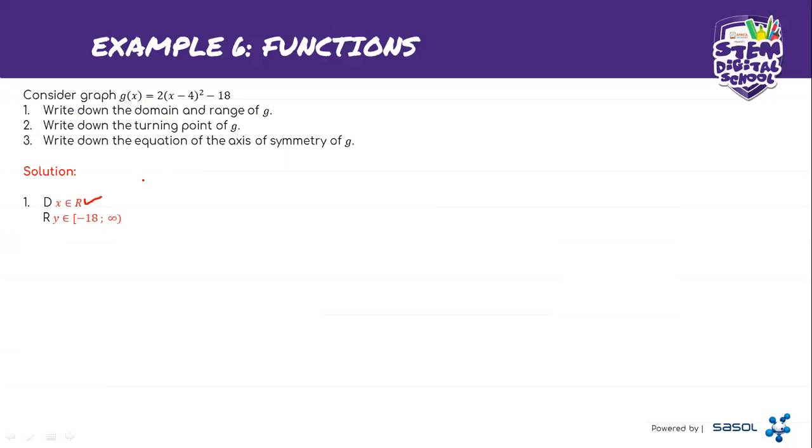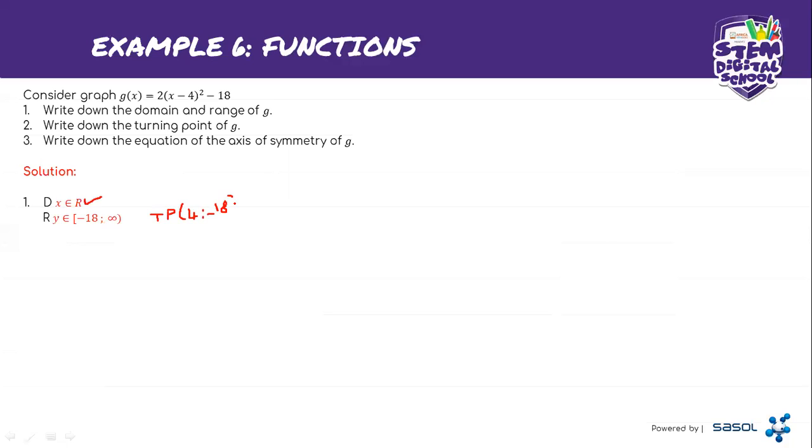Don't forget that. And then for the range, remember, it depends on what? On the turning point. And then on the turning point, we are looking for the y value there. We are looking for the y value. So the turning point for this particular parabola graph is (4, -18).